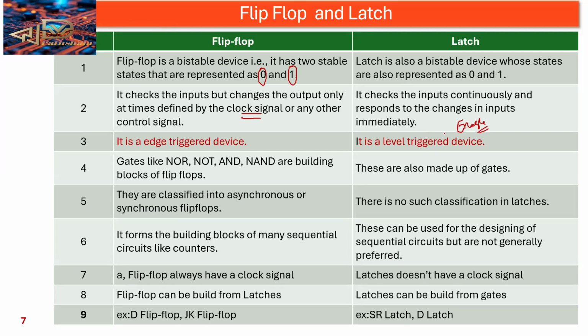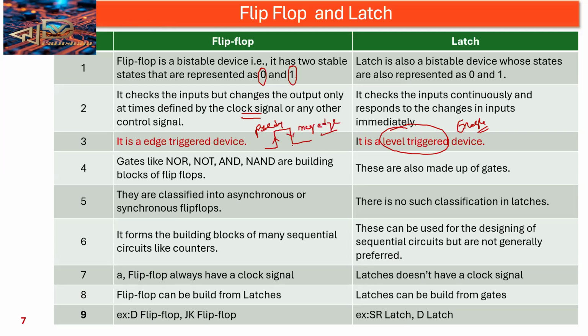So latches work with level triggering, and flip flops work with what is called edge triggering, because this is the clock I'm taking. This is the positive edge clock, and this is the negative edge clock.